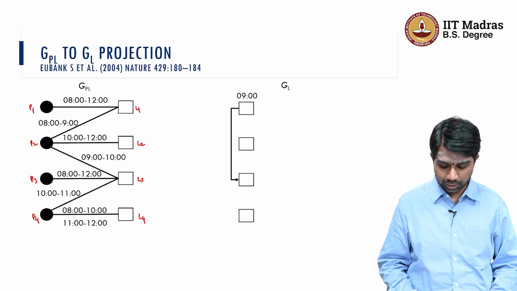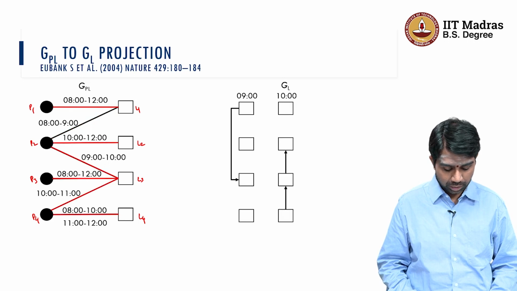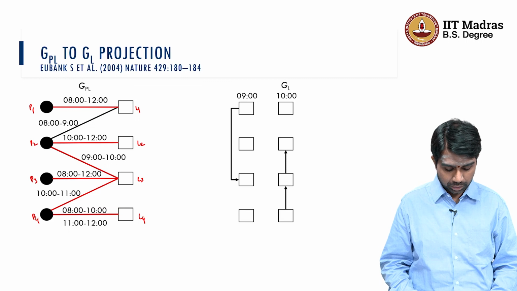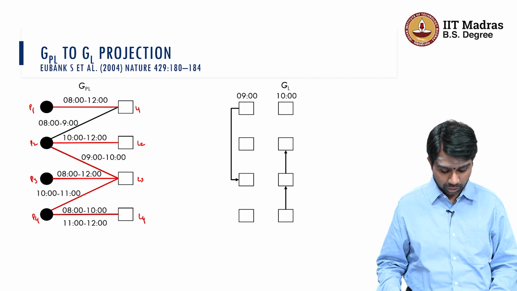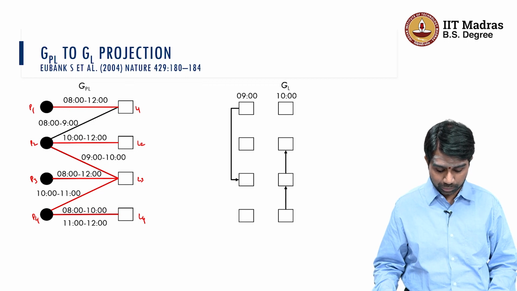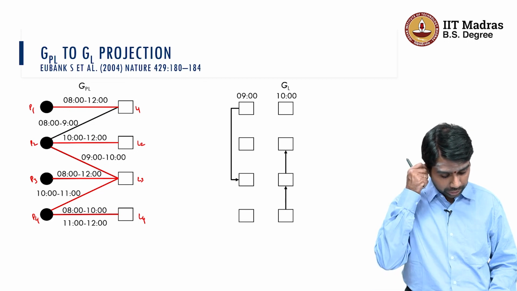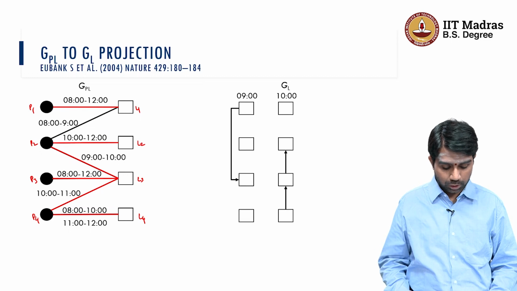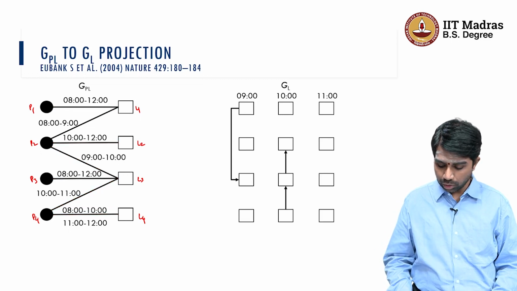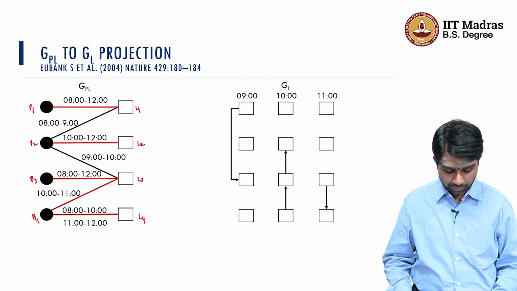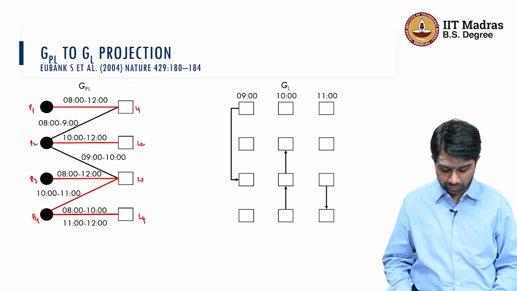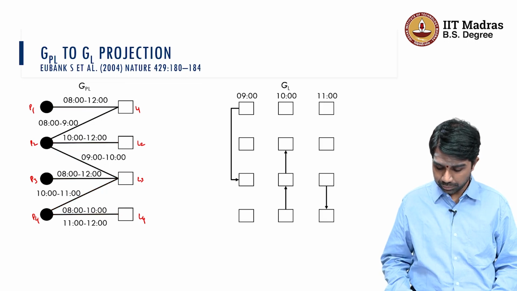So these two are connected, whereas at 10 o'clock you have both people from location 4 going to location 3 and people from location 3 interacting in location 2. And at 11 o'clock you have people from L3 and L4 being connected.